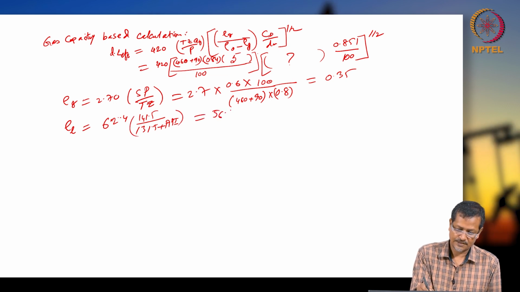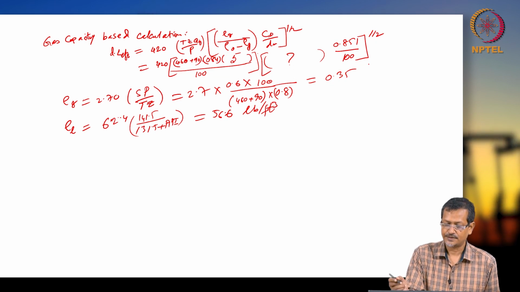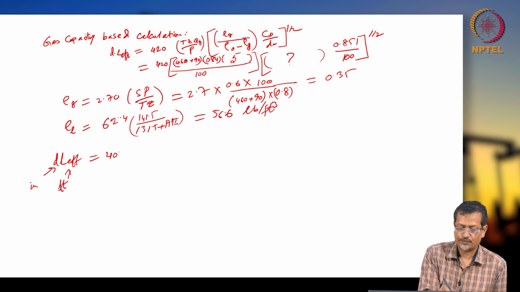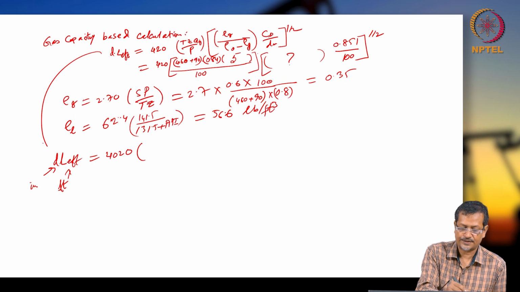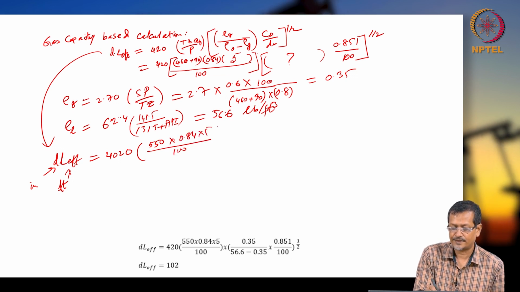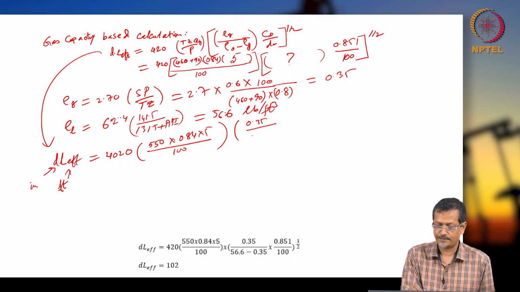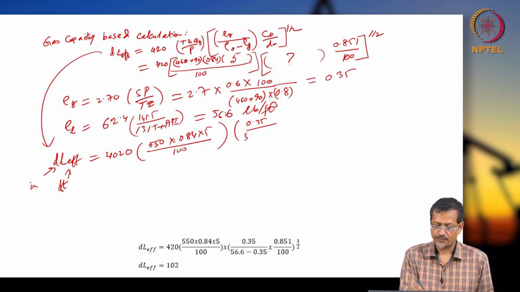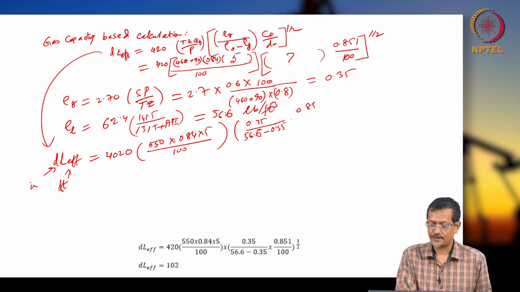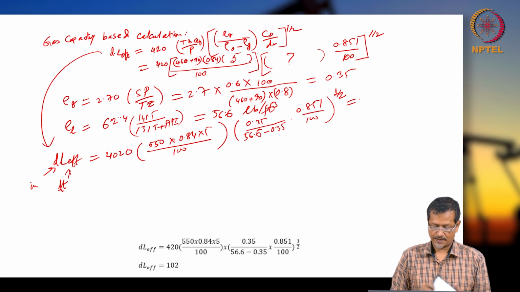This gives 56.6 pounds per cubic foot. Now the CD value is given, so I'll calculate D squared L effective, where D is in inches and L effective in feet. 420 times 550 into 0.84 into 5 divided by 100, and rho G value I am getting 0.35, divided by 56.6 minus 0.35, into 0.851 by 100, power half. So this value is calculated as 102.